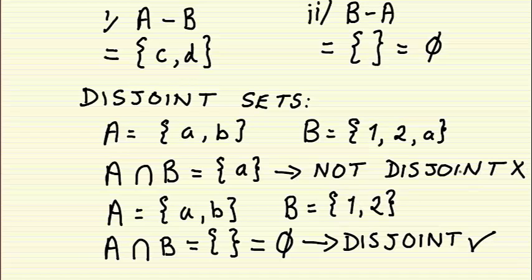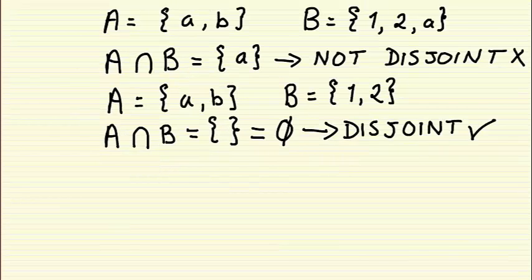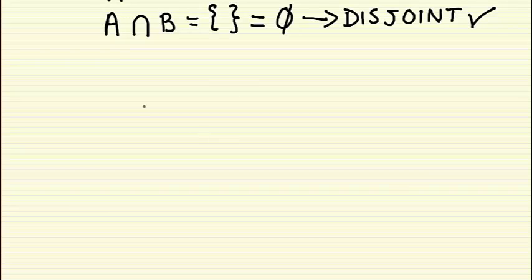Okay, so let's do some more examples with the final operations that we saw. One of them was the complement operation, and the final one was symmetric difference. So when we're dealing with the complement, we saw that we involve the universal set.